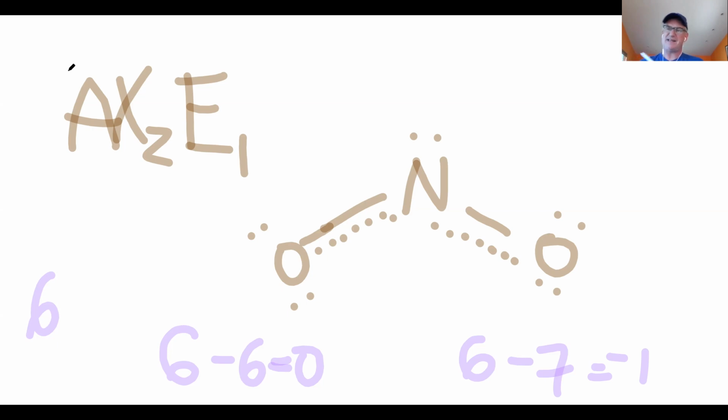And how many places around the nitrogen are we going to find electrons? The answer is either 2, 3, 4, 5, or 6.